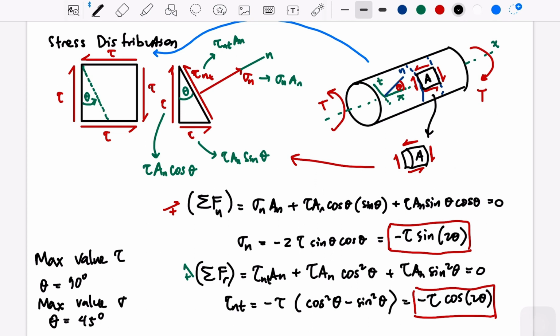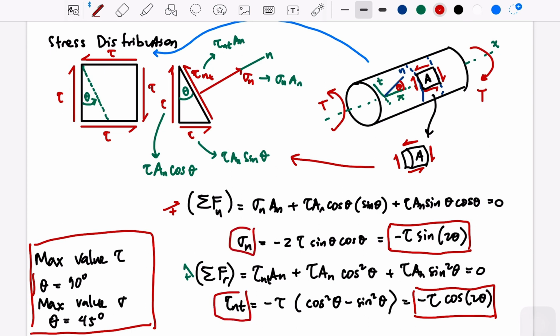Sigma sine will be max if it's 90, so 45, right? So these are the conclusions based on the formula. So this is the sigma, this is the tau.